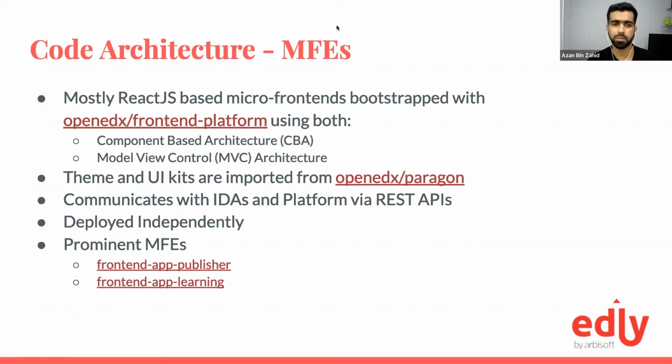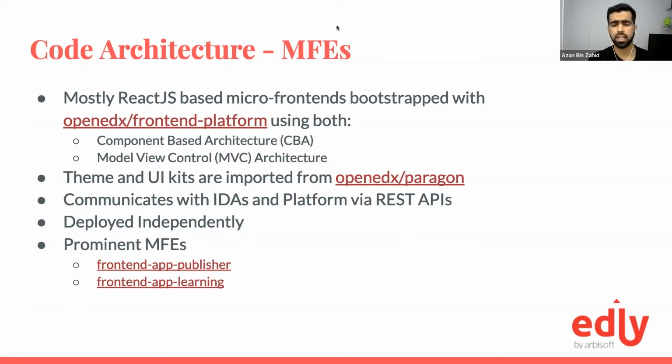Okay, so in the architecture style of the code, the majority of the applications we have use component-based architecture, that's common, and the code resides where it's needed. Especially the API calls are stored in the component.